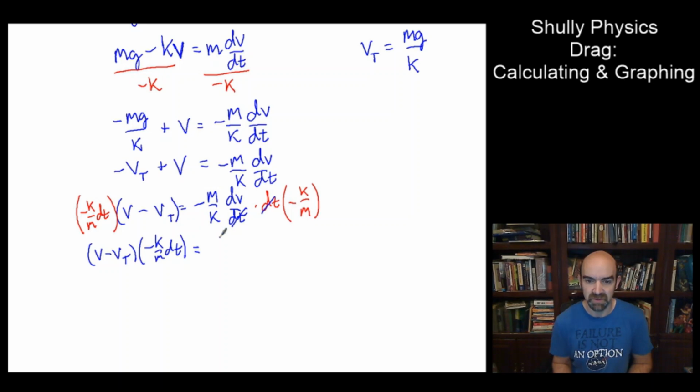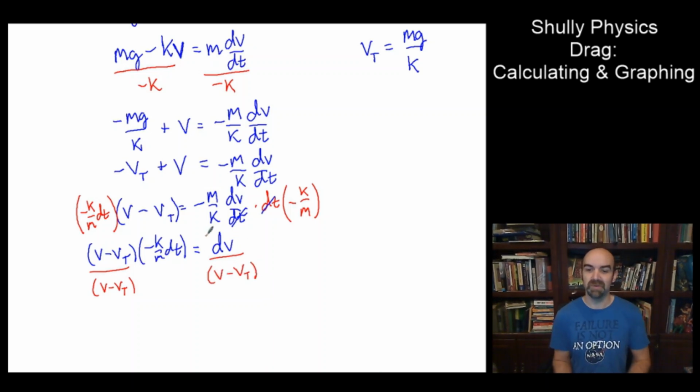So we're just going to be left with dv on this side. But now we can divide both sides by this creature, v minus Vt. And hopefully you're seeing why I'm going through all these hoops. Now we're going to have all the v's on one side. That cancels out over there. And let's start with this, dv over v minus Vt, our terminal velocity is a constant, equals, the only thing that's left on this side, negative k over m dt.